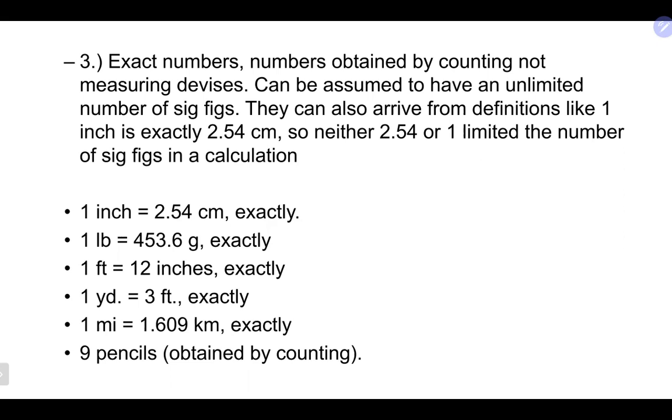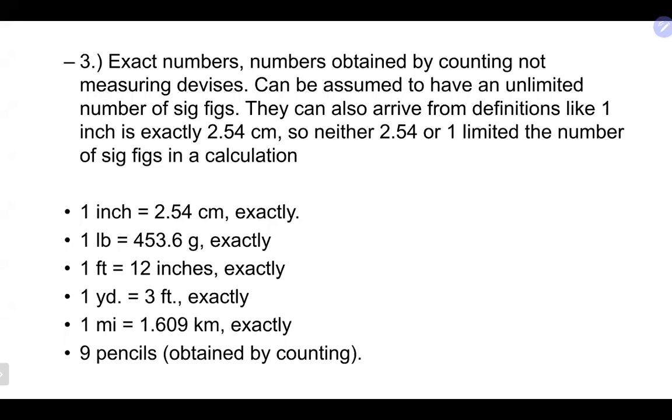So, you know, we talked about 2 different types of units, metric units and English units. So if you have anything that's a metric to metric sort of conversion, that is an exact number. If you have an English to English equality, that is also an exact number. There are certain crossovers where you go from English to metric that are exact numbers.